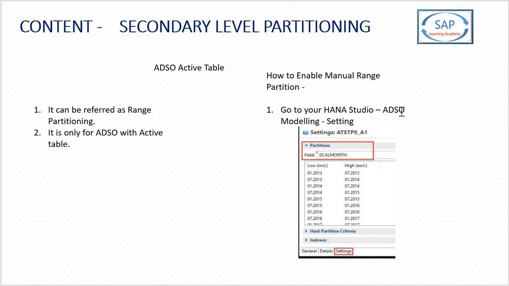You have to go to ADSO modeling. There you can find the tab called settings, and there you can take any key field, like in this example cal month, and you can distribute the data manually. As you can see, here it is distributed from 2013 and up to, you can distribute as long as you want. So this partitioning is called static partitioning.